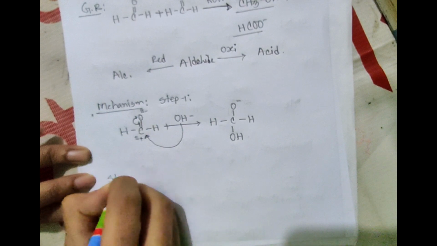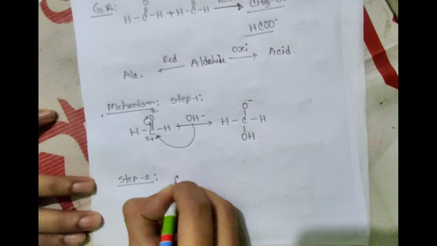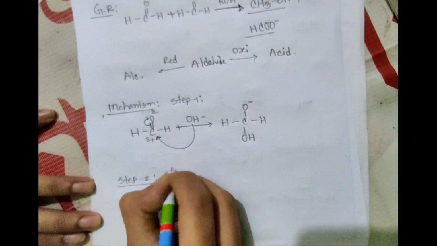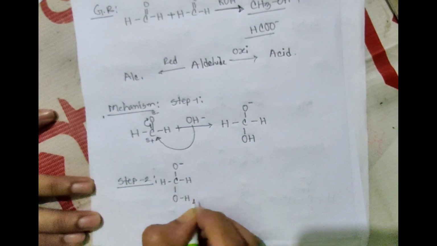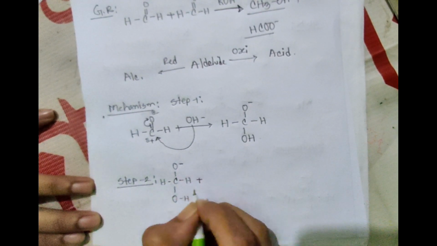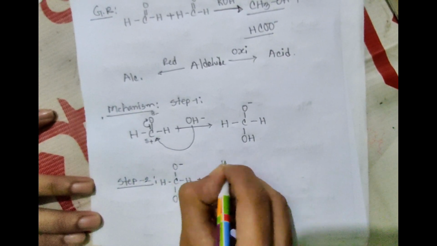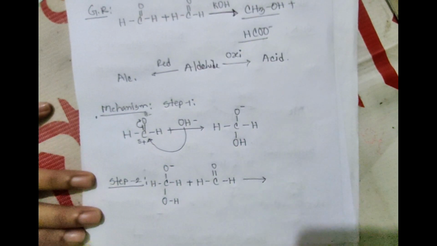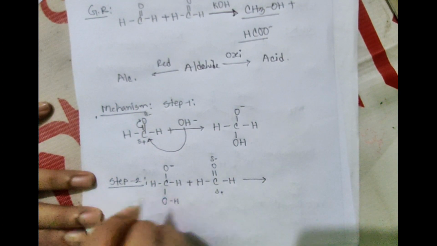So step 2. Here this formaldehyde: as mentioned before, this oxygen is highly negative and this carbon is highly positive.